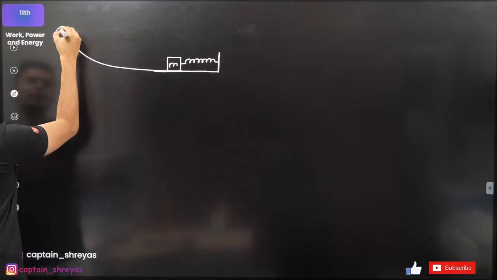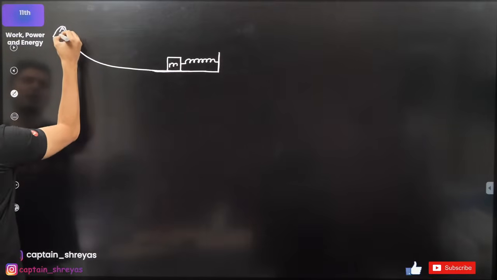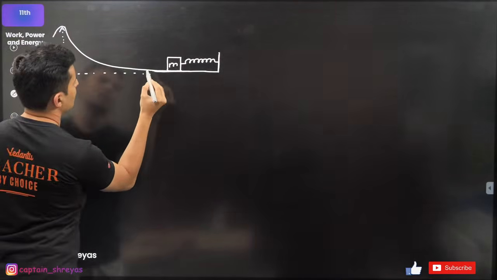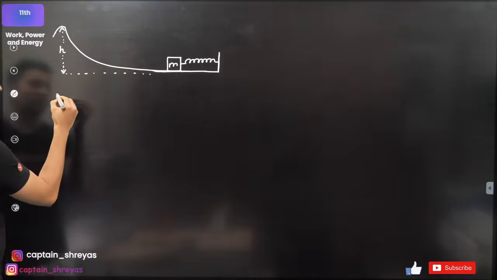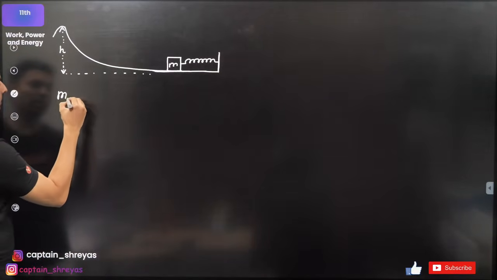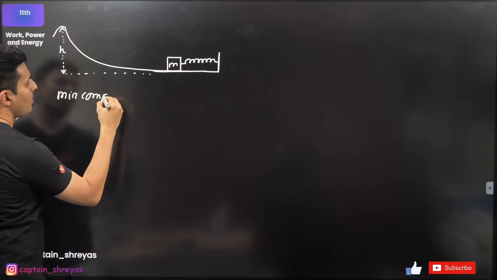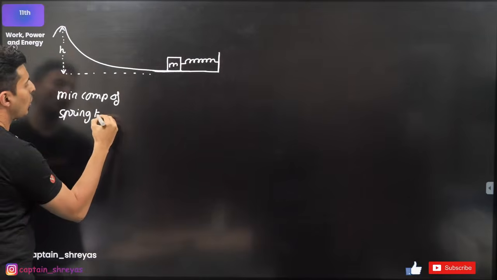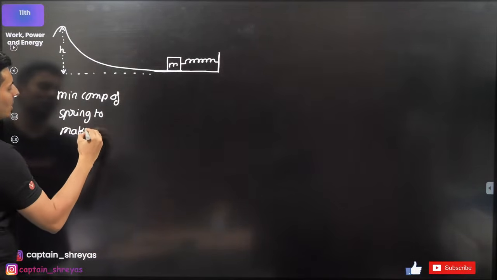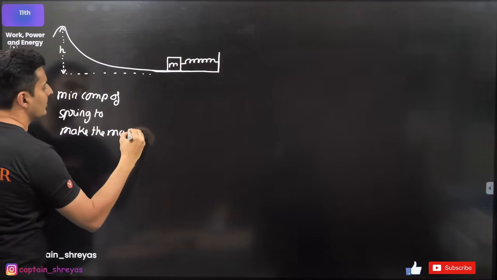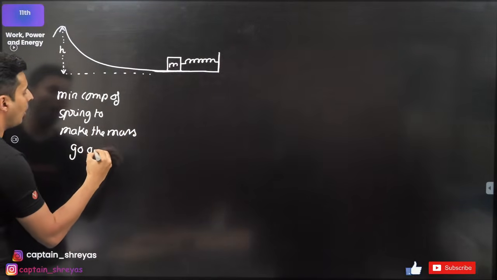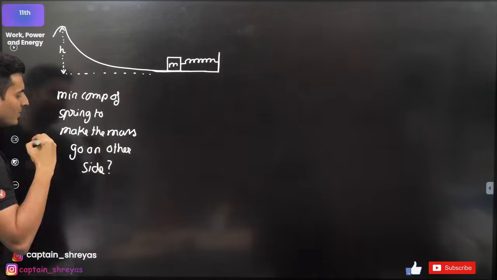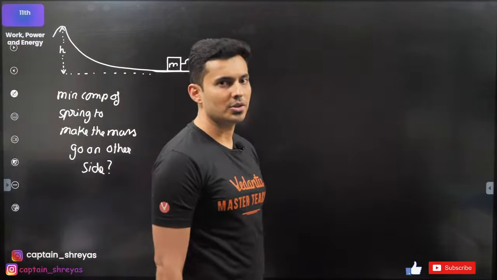This height from the base is given to be h. Now the question is, find the minimum compression of the spring to make the mass go to the other side. Let's try to solve this question.